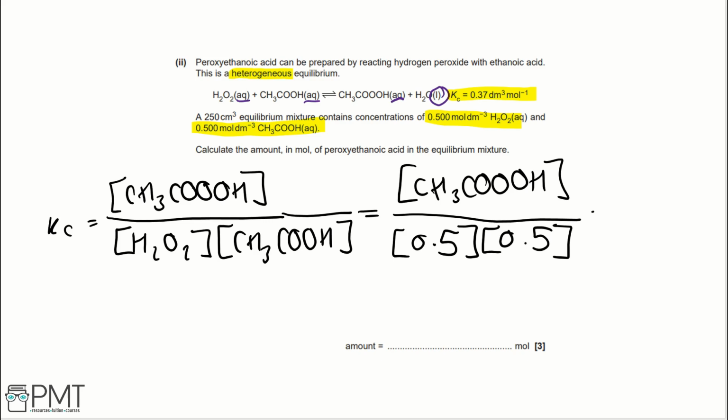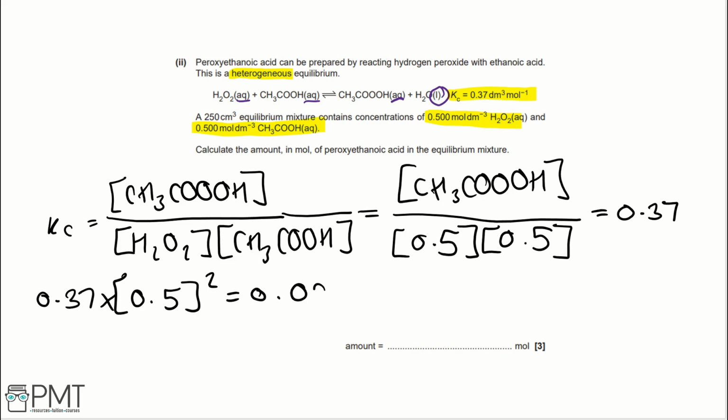We also know that this equals 0.37. So if we rearrange this to get the concentration of peroxyethanoic acid, we would write 0.37 multiplied by 0.5 squared, and that gives us 0.0925 moles per decimeter cubed.